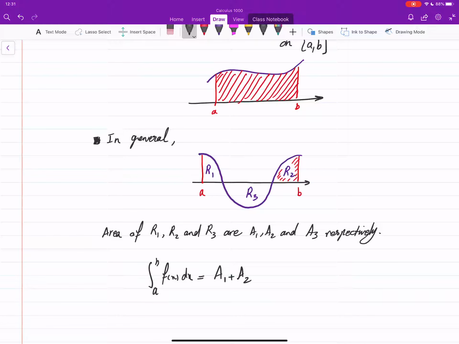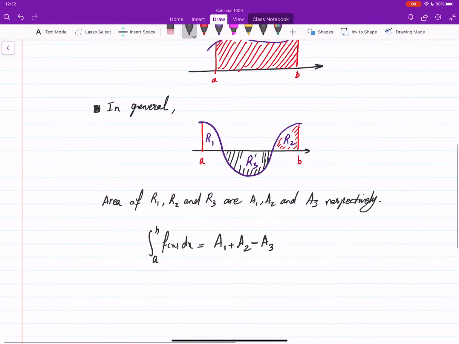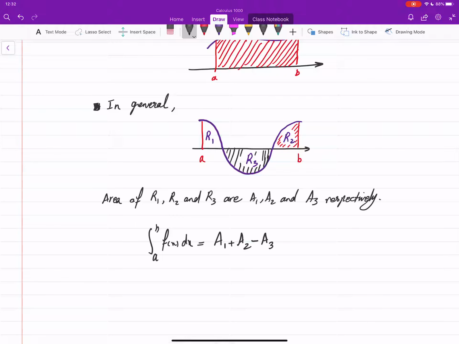But the region, like R3, which is below the x-axis and between the graph of the function and the x-axis, you have to subtract the area of that part from the others. This way you can see the definite integral is somehow signed area.